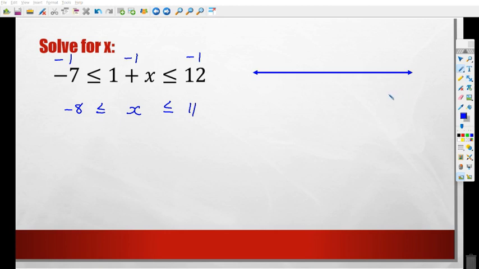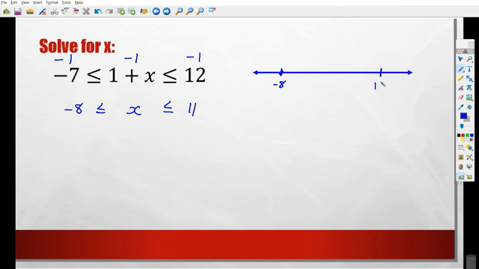They say that x is greater than or equal to negative 8. So let's label the negative 8. The smallest number goes where? To the far right or to the far left? We'll go on the left somewhere, because it's the smaller one. Negative 8 is smaller than 11. So we're going to put negative 8 somewhere here on the left, and we're going to put the 11 somewhere over here.